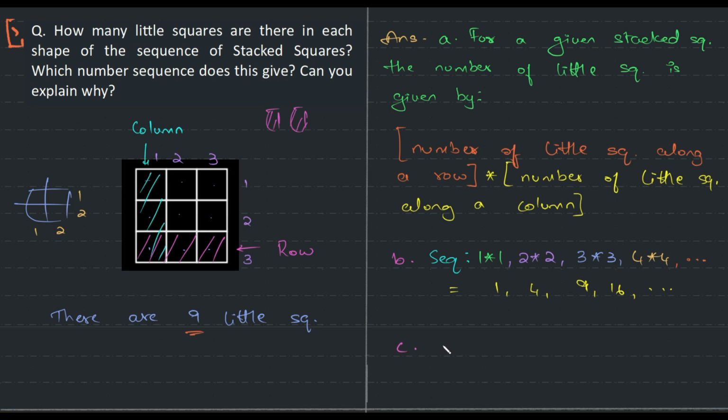Why does this happen, that it is a square number basically? So this implies we get a square number sequence. So when do we get a square number sequence?